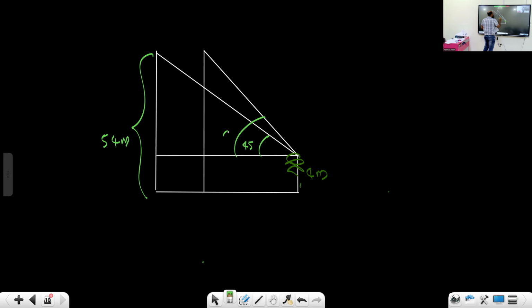This is 60. Here is the pigeon flying. C, D. This much line is enough.